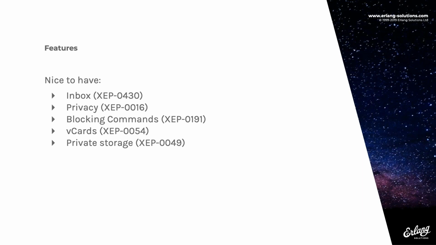The vCard is sort of a virtual business card. There is private storage, which lets you store your custom information on the server so that you can use it from multiple devices. So these are features that you may need, you may not.